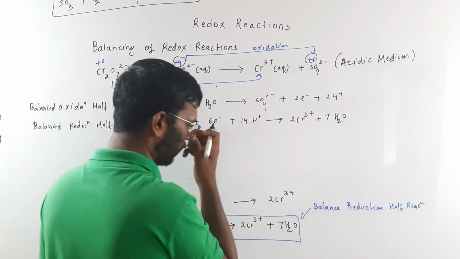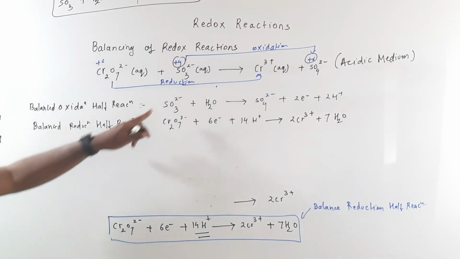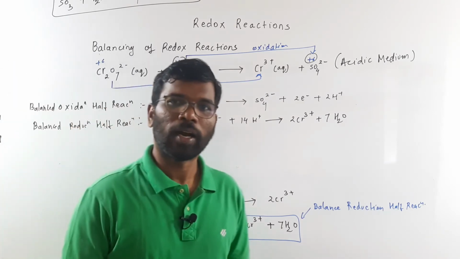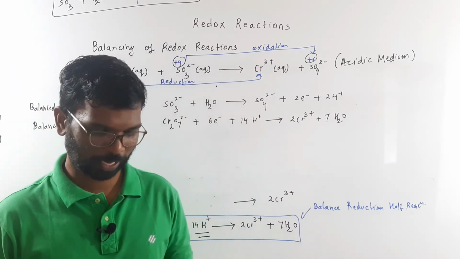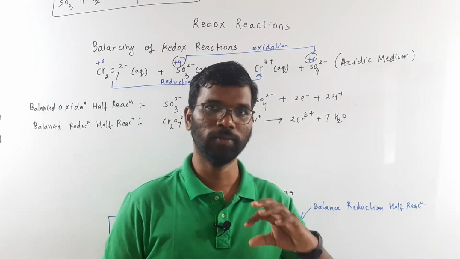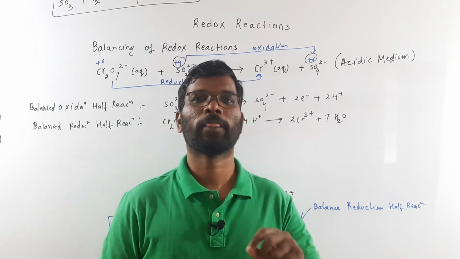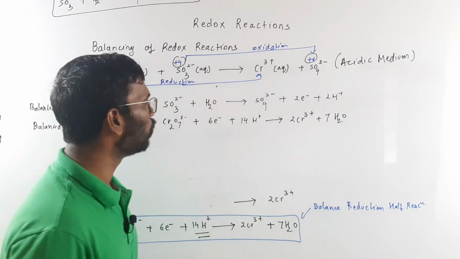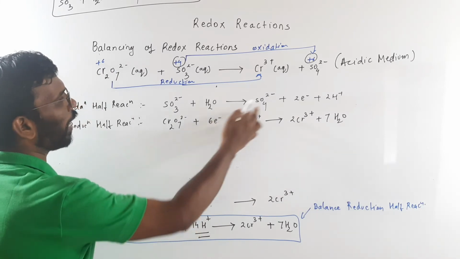We need to add both these reactions. Whenever you are writing a balanced redox reaction, you don't have to show the transfer of the electrons, right? So always make the number of electrons equal.